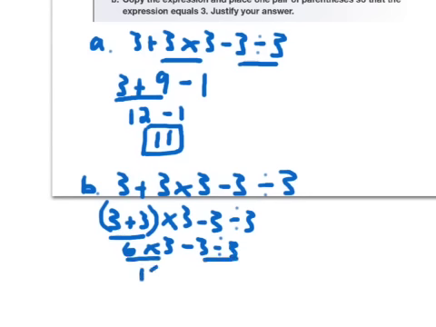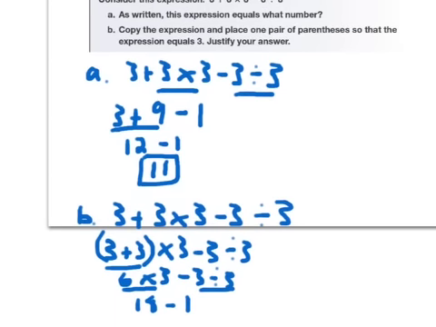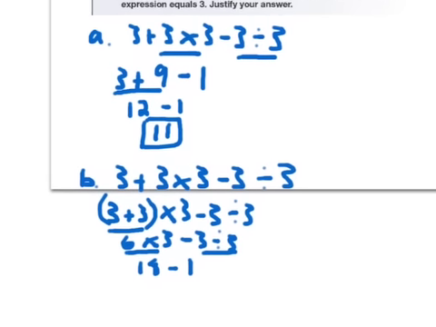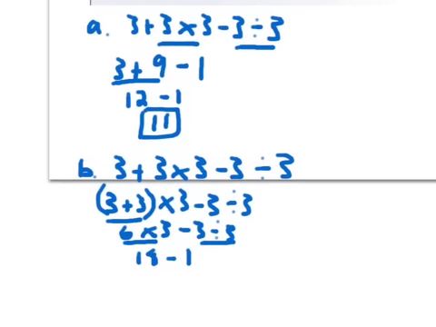So 6 times 3 is 18, minus 3 divided by 3 is 1. 18 minus 1 equals 17. Okay? Look at the example. It says it needs to equal 3. So this one does not work. So, again, it's a guessing game. So we need to just kind of guess where the parentheses would go.